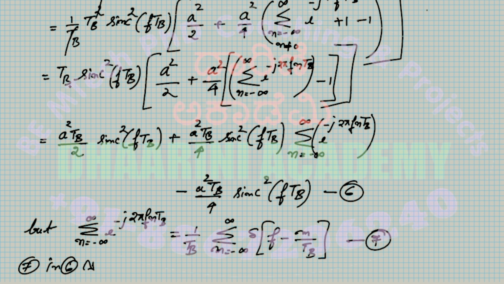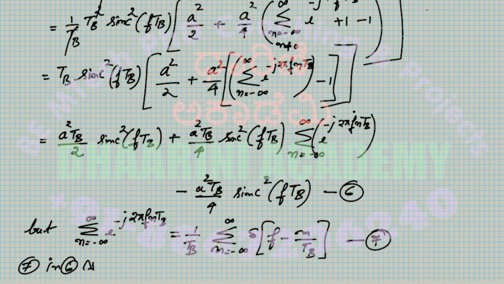So you can see that there is A square TB into sinc function, multiply the first function, you get that. And then you have the second function, that is this, multiply it, and the summation is also there. And the last term will be multiplication with the 1. So when you do that, you get something like this.